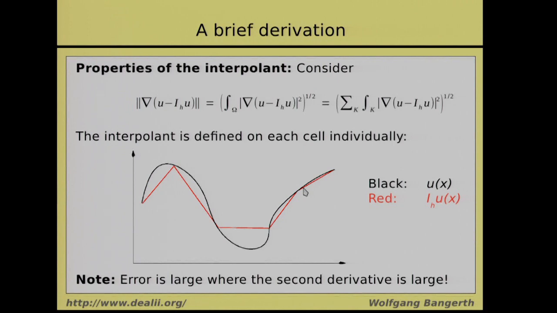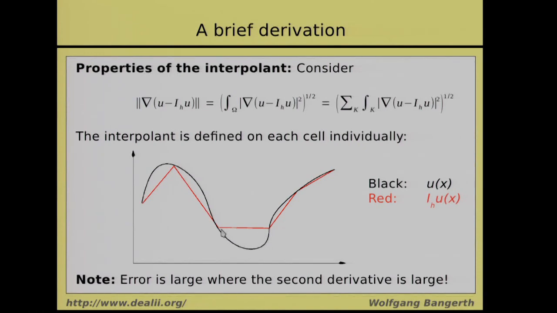In particular, if you think about a place where the black curve would be linear, then the interpolant, the red curve, would be equal to the black curve. Whereas in places where there is a lot of curvature, let's say down here, the red and the black typically do not coincide.